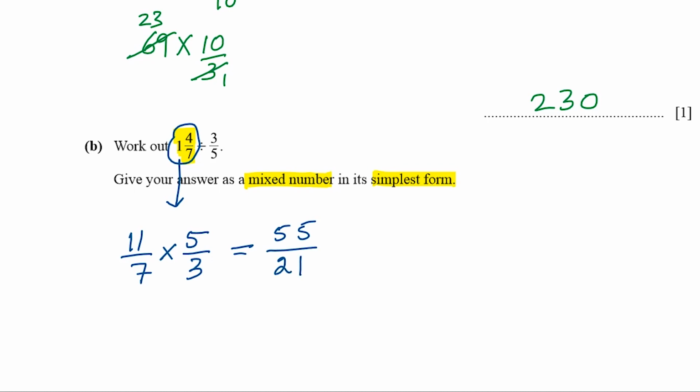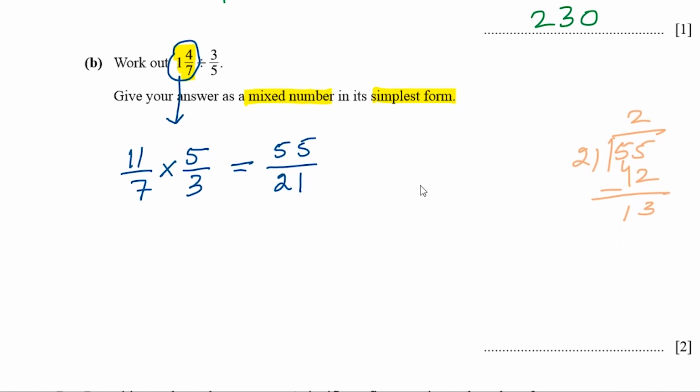And converting this into a mixed number, we will divide 55 by 21. 21 2s are 42, minus, 5 minus 2 is 3, 13.